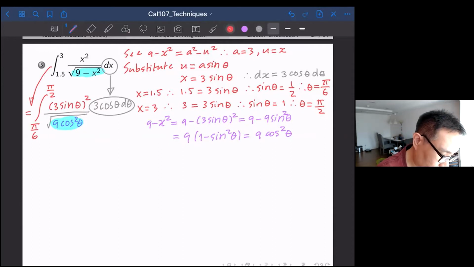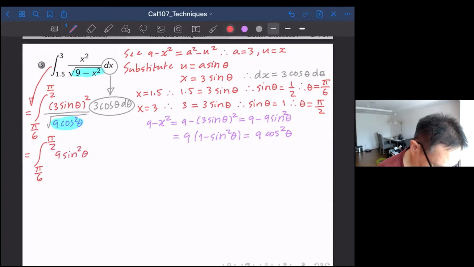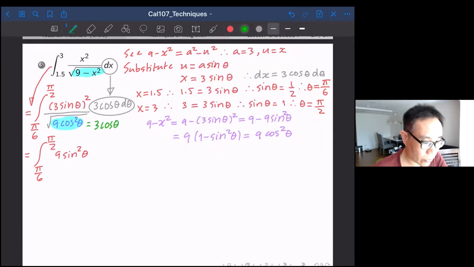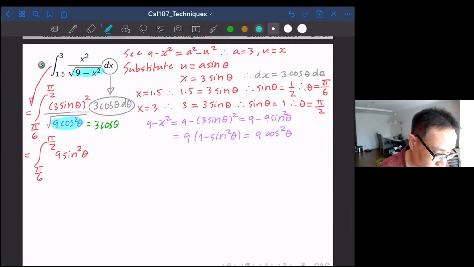So for this one, it's gonna be the integral from pi over 6 to pi over 2 of 9 sine squared theta. Okay. And on the bottom, what do we get? We do get 3 cos theta for the square root.